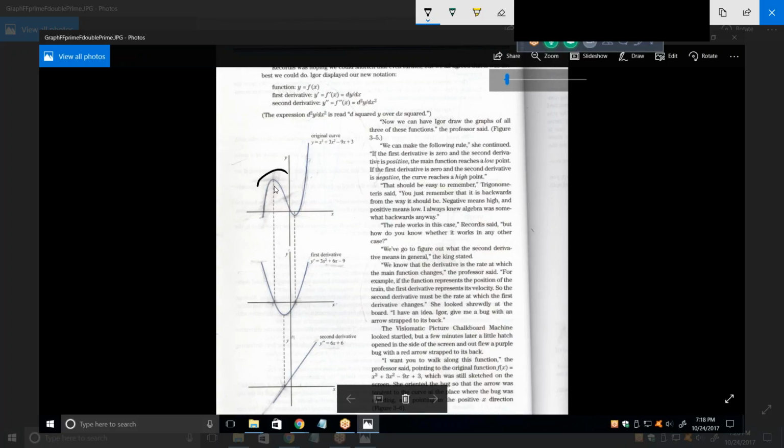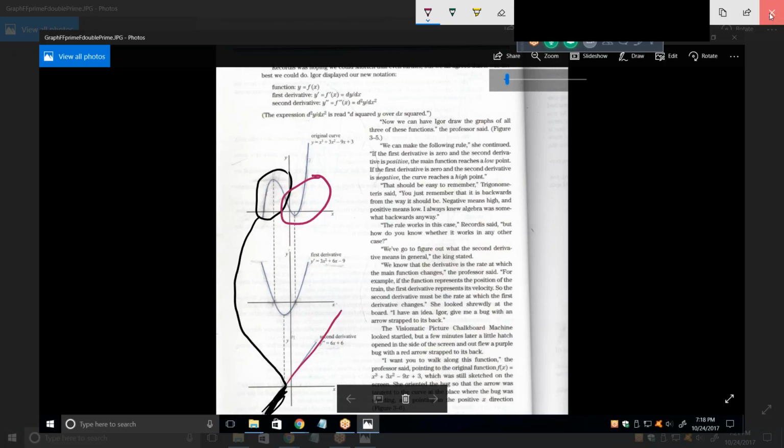But you can see when it's concave down, right there, if I look at the second derivative, it's negative. The whole place where it's concave down, it's negative. And where it is concave up, the second derivative is positive. Questions? No? Okay, let's go on.